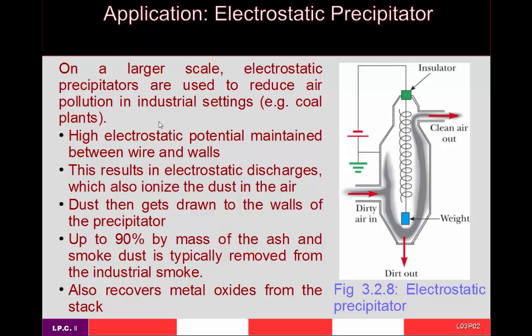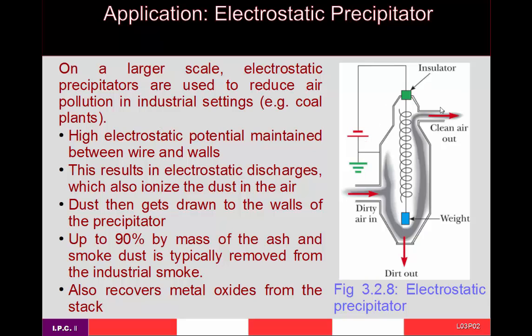A lot of that haze is coming from, for example, exhaust from your car, but a lot more is coming from industrial facilities where there's a smokestack of some sort. One way of helping to clean up the amount of soot and other pollutants coming out of a smokestack is to use what's called an electrostatic precipitator.